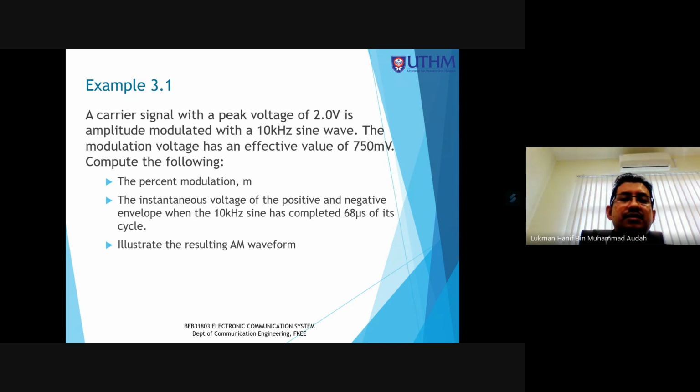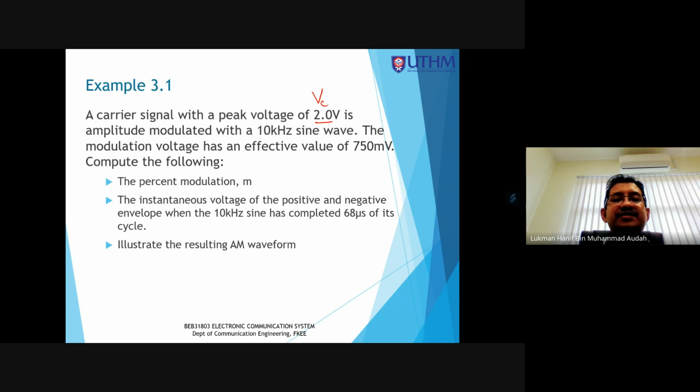You are given a carrier which has a peak voltage Vc of 2 volt. It is amplitude modulated with another signal, so this carrier is modulated with another signal.